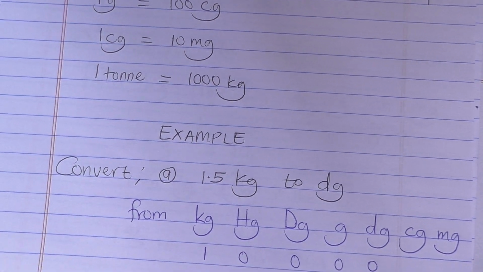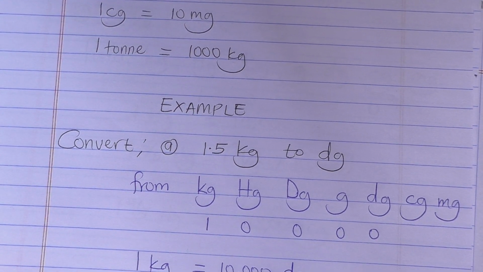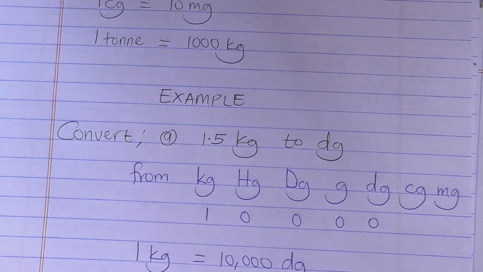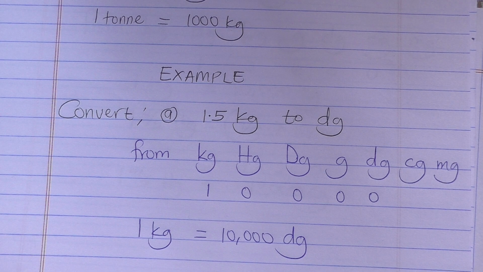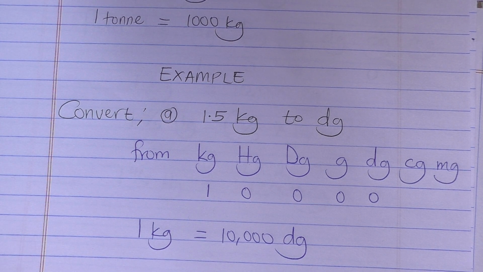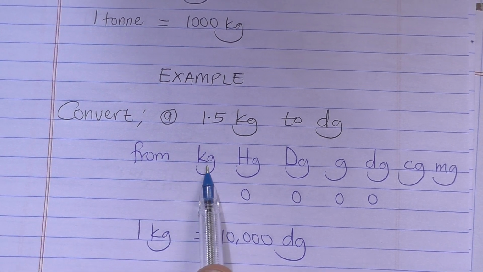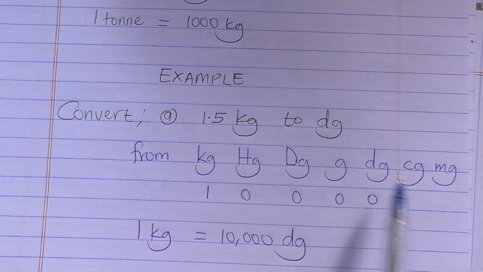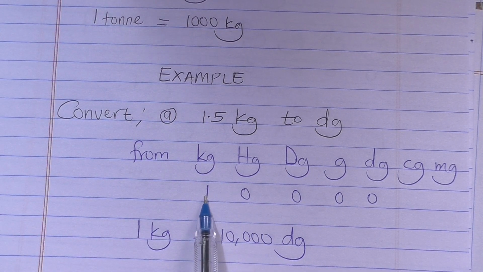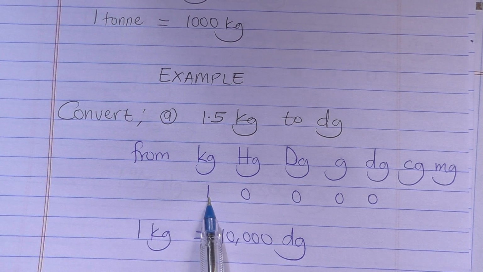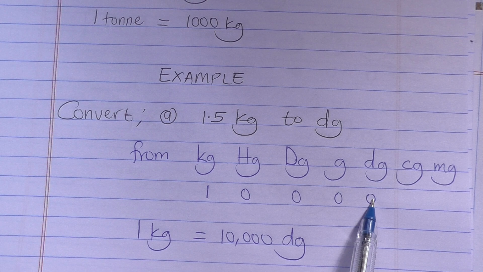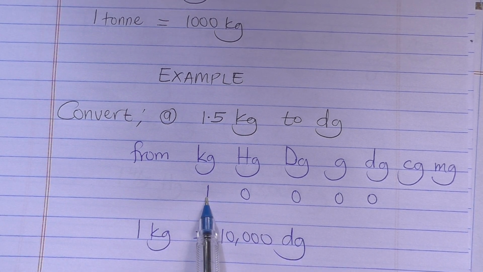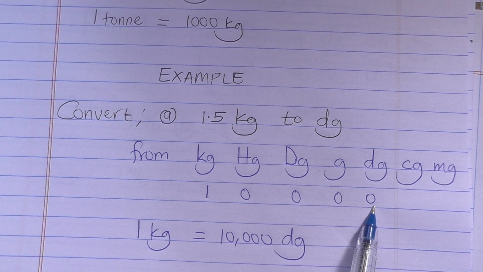In part A of the example, we are told to convert 1.5 kilograms to decigrams. So from the formula of King Hector your daughter Mary drank cold milk, we shall get the equivalence of 1 kilogram in terms of decigrams they want. So it means that 1 kilogram is equivalent to 10,000 decigrams.